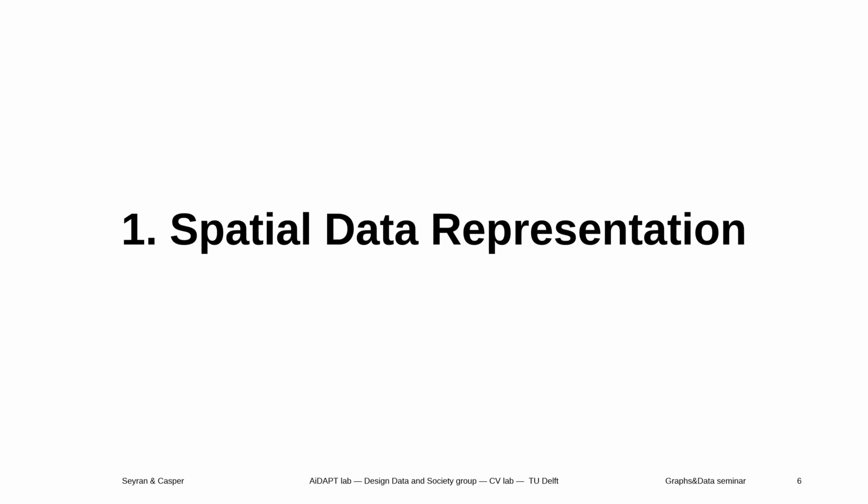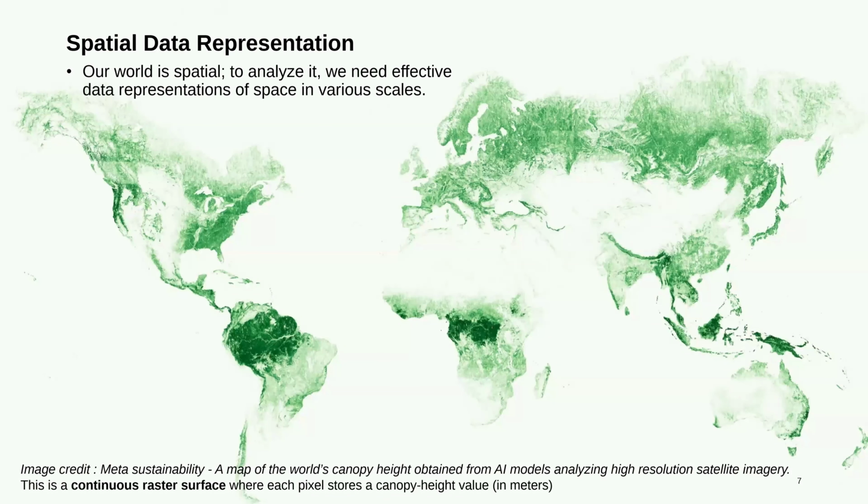So we start with spatial data representation, and I would start with this beautiful map, which doesn't have anything to do with graphs, but I think it shows how data representation and data visualization can bring hidden information to the world.